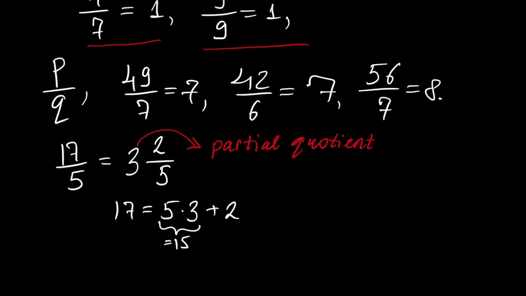Number 2 is the remainder. And the denominator 5 stays unchanged.